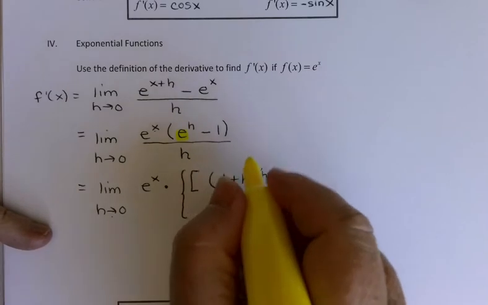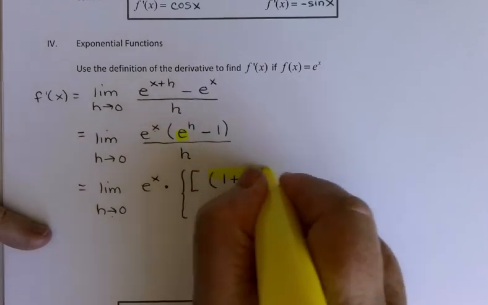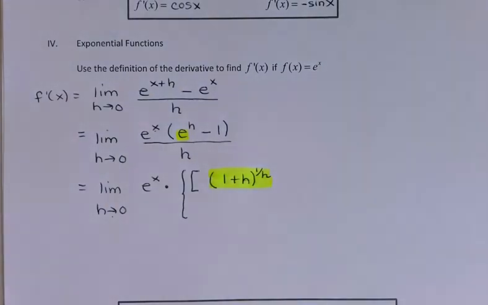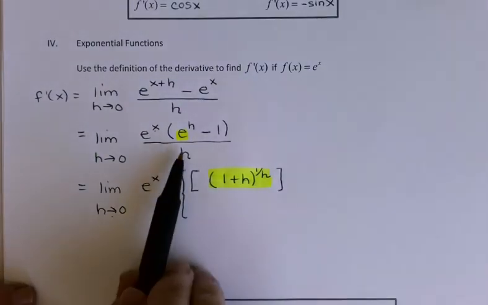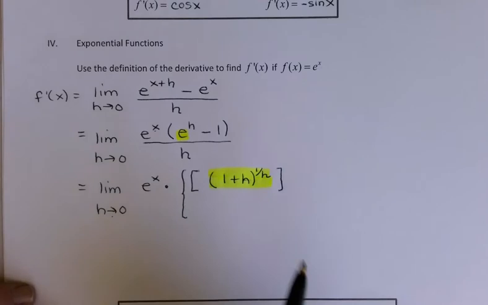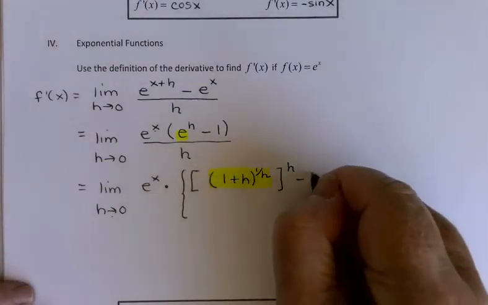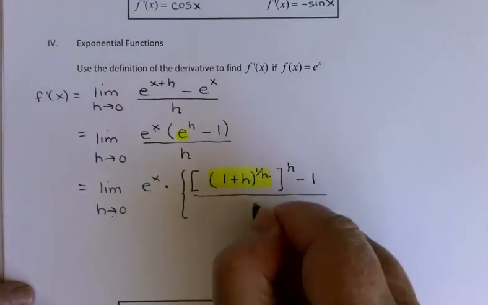So all of this is just the e. Now that e was supposed to be raised to an h power, so I'll do that. And then minus 1 all over h.